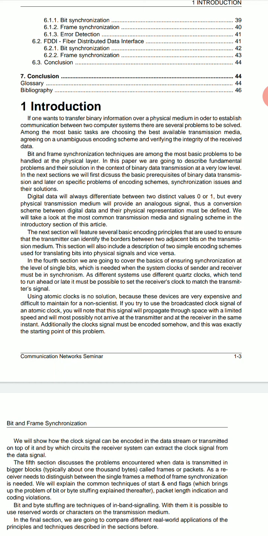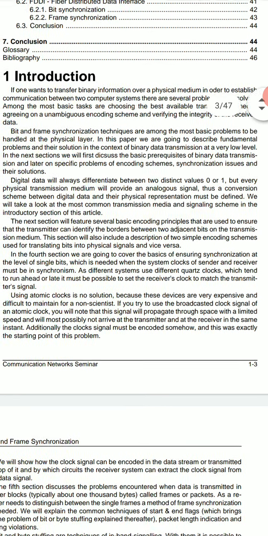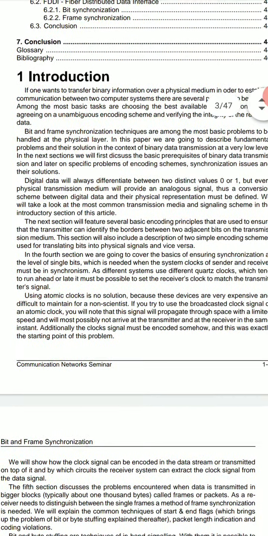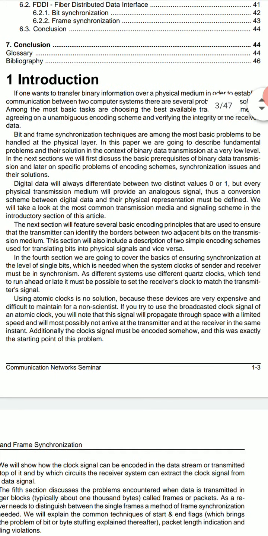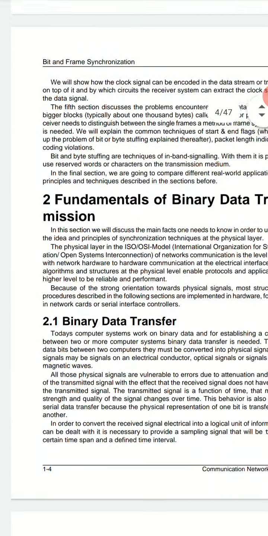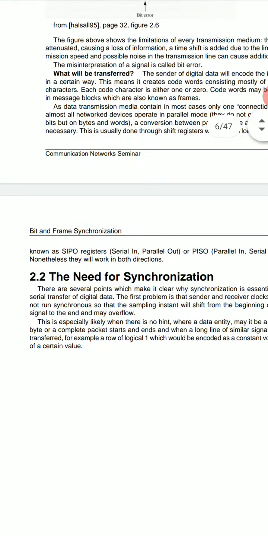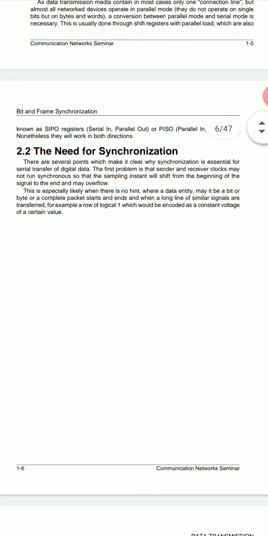These are among the most basic problems to be handled by using bit and frame synchronization. Directly we will see the synchronization which we want to see in our syllabus.